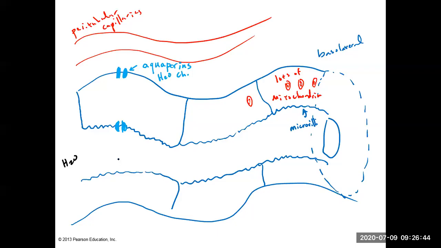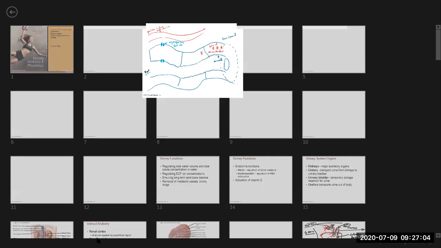So that's one way the water is going to be reclaimed. But wait a minute, why do we need to reabsorb the water? Because if you don't absorb the water, you're going to lose it in your urine so much that you're going to get dehydrated. That's not what you want.